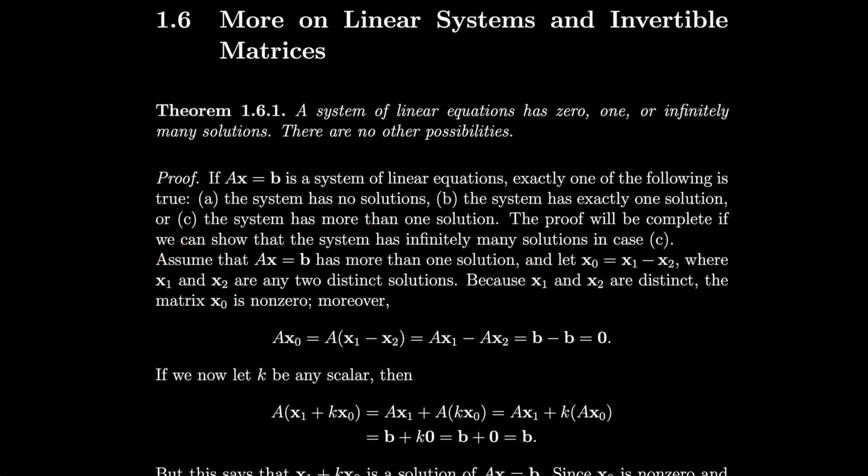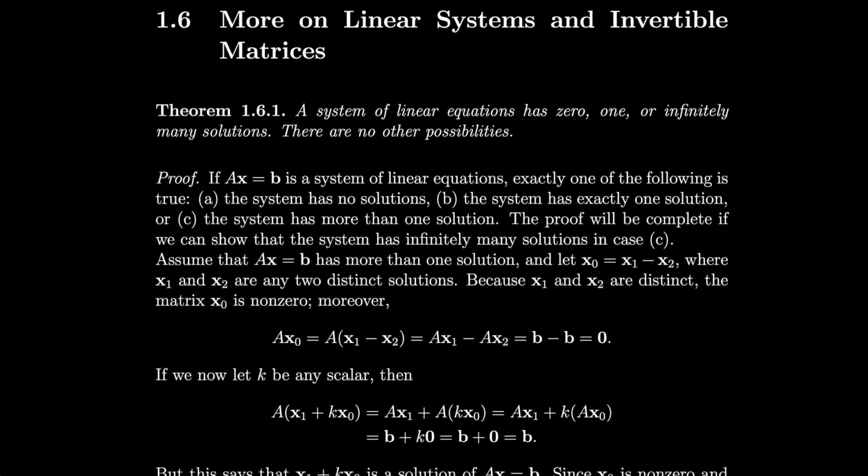Then we can let x0 be x1 minus x2, where x1 and x2 are any two distinct solutions. Because we have more than one, there must be at least x1 and x2. Because x1 and x2 are distinct, the matrix x0 is not 0, because if these are distinct, there's no way we can subtract them and get 0. They'd have to be equal to each other in order to get 0.